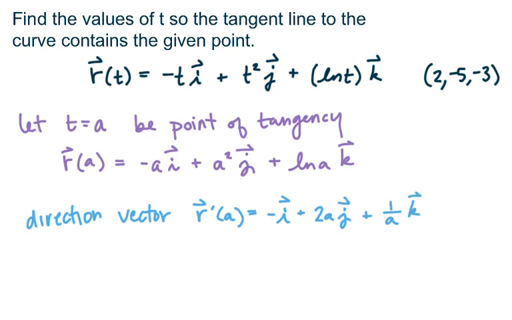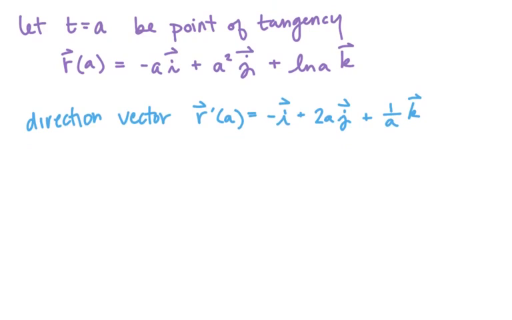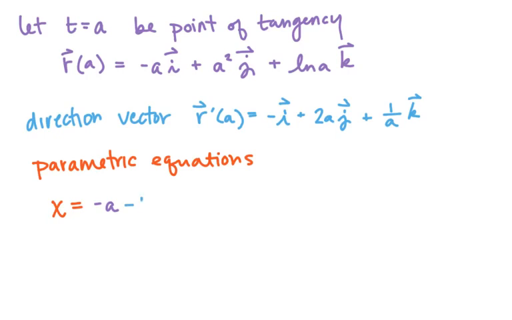So now, using my point of tangency, which will come from this vector, plus my direction vector, my derivative vector, I can write my parametric equations for the line. I'm going to have x equals -a minus q.